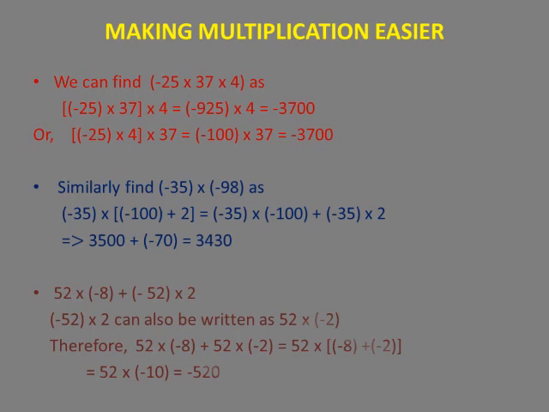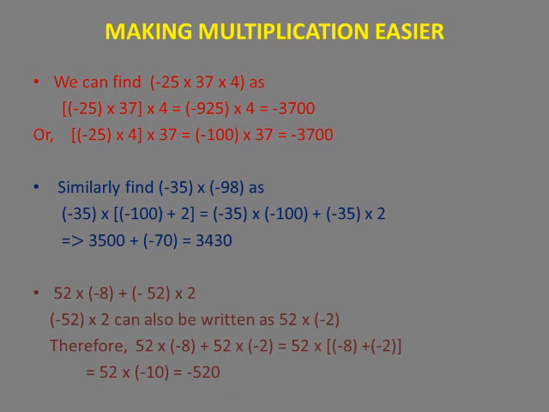Here 52 and 52 are common. The only difference is in the first group there is a positive 52, in the second there is a minus 52. So as per the properties of integers, whatever we have learned till now, we can change the signs. Instead of writing minus 52, we can make 2 as negative and 52 as positive.